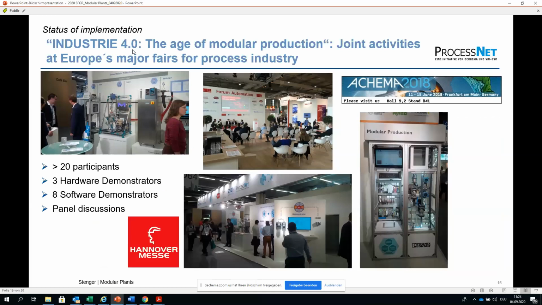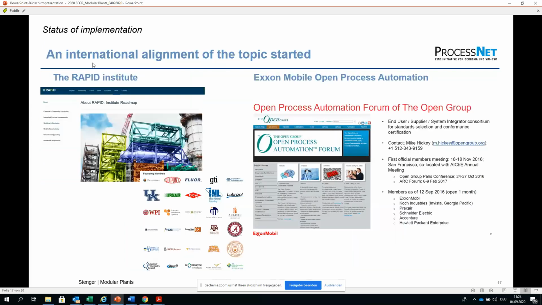So Industry 4.0, the age of modular production. There are a lot of joint activities now together, as I mentioned, with the different groups, showing more and more demonstrators, hardware as well as software, and showing how it's possible to connect these different process units. Of course, that's a remaining challenge. Nevertheless, it already starts, and we try to align on that topic.